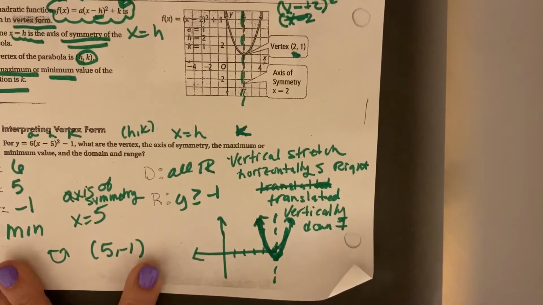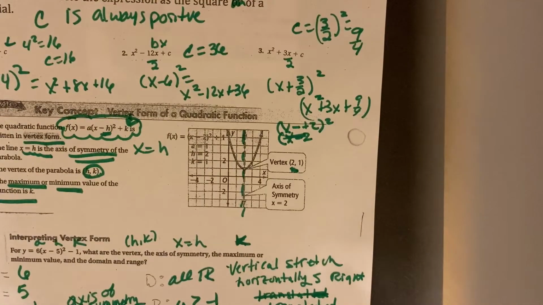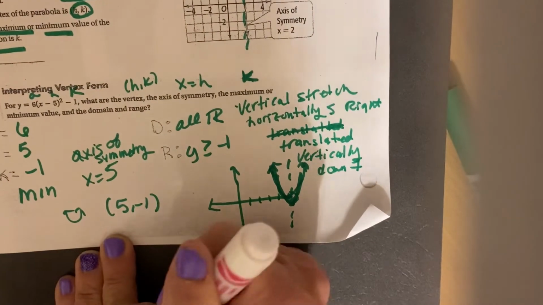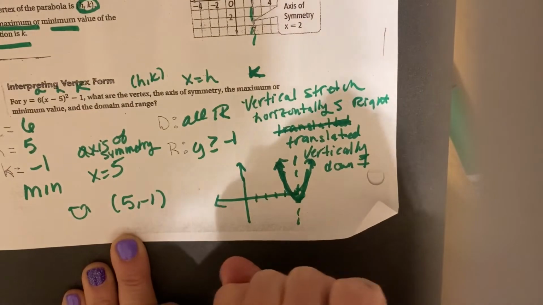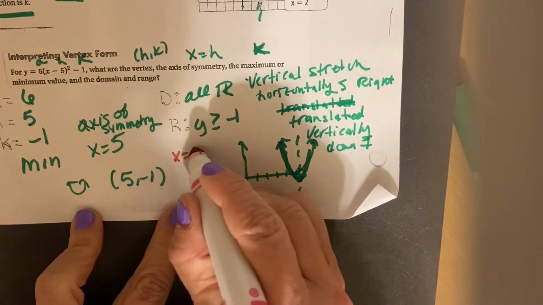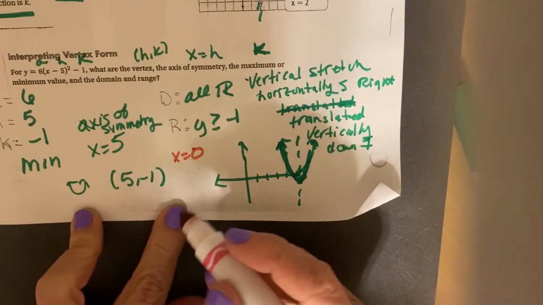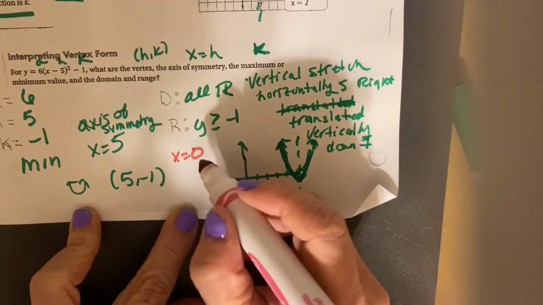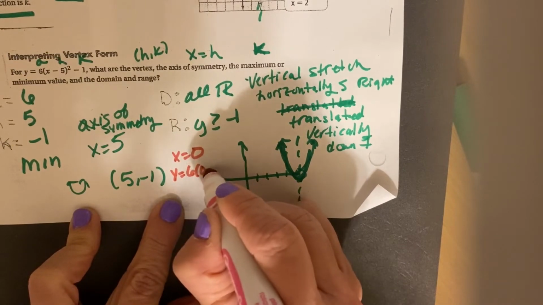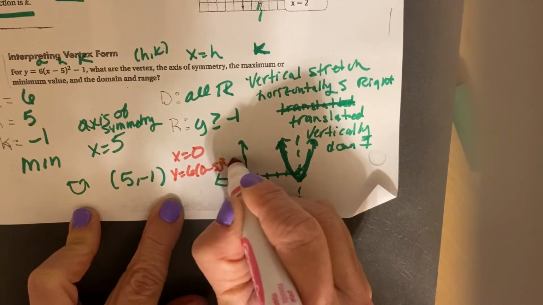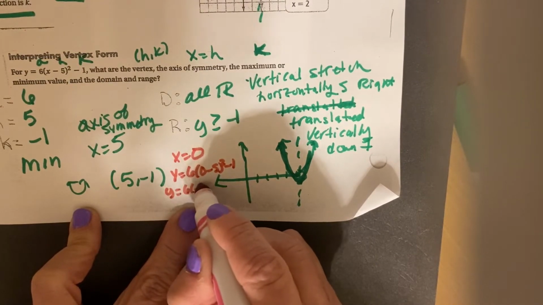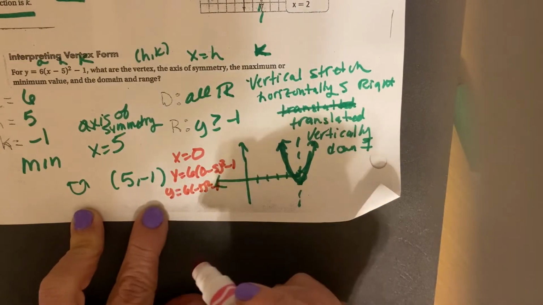We can also go find our y-intercept very easily if I wanted to graph that. Just by definition, we know that x equals 0. And so we'll plug in a 0 in our equation. We'll have y = 6(0 − 5)² − 1. So we'll have y = 6 times (−5)² − 1.